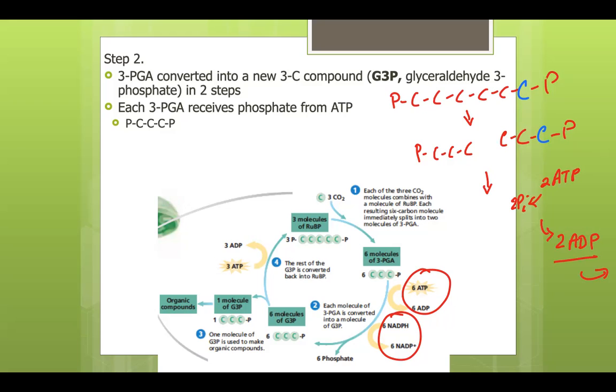So one of your 3-PGAs becomes P-C-C-C-P. That comes from this one. And then the other one is going to be P-C-C-blue C-P. Okay, that's step 1.